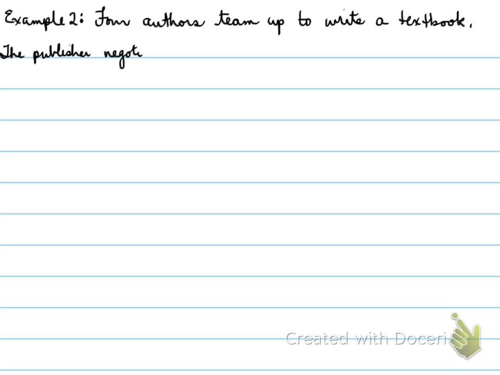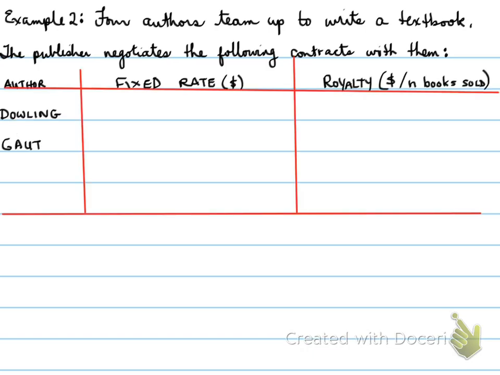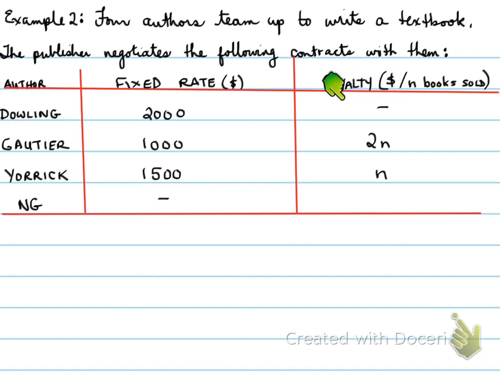Moving on. Example 2. 4 authors team up to write a textbook. The publisher negotiates the following contracts with them. So here is our example with how much the authors make. So we got Dowling, Gautier, Yorick, and Ing make some money on a book. So the fixed rate for Dowling makes a value of $2,000 with no royalty fees.